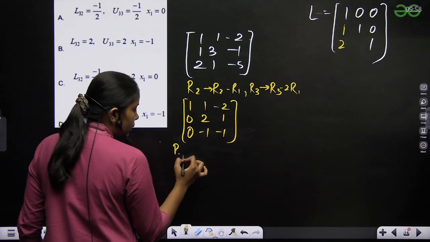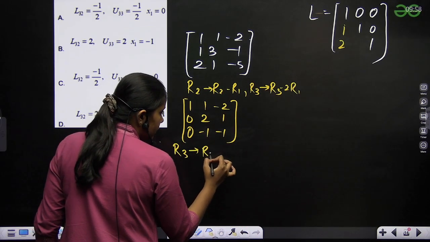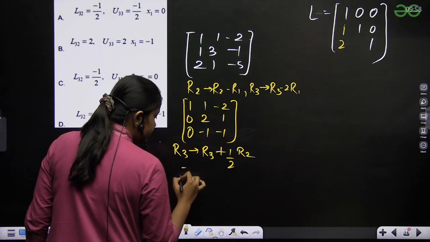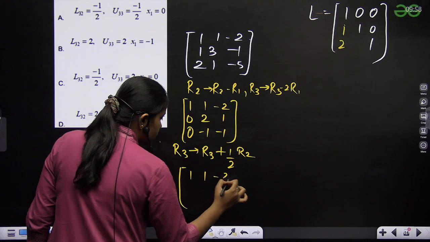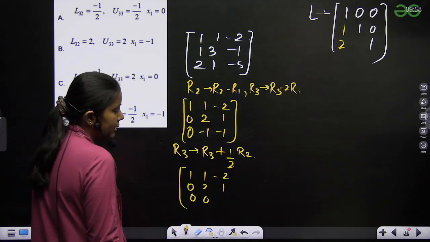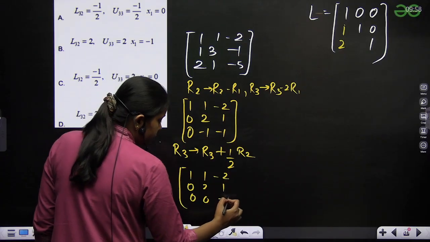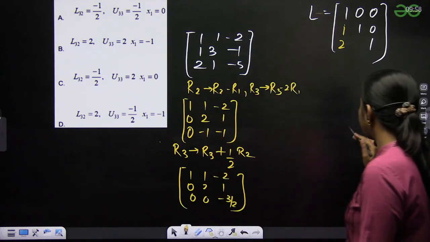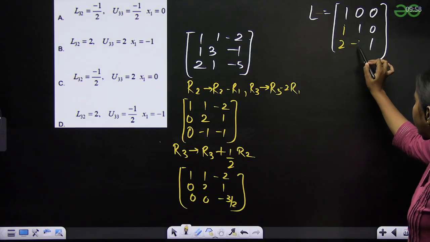So what would I do? R3 tends to R3 plus 1 by 2 R2. So 1, 1, minus 2; 0, 2, 1; 0, 0, minus 1 plus 1 by 2, that gives me minus 3 by 2. And this is my U matrix, and in L I'll have negative 1 by 2.